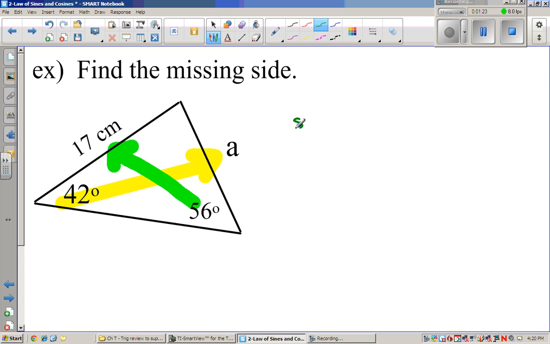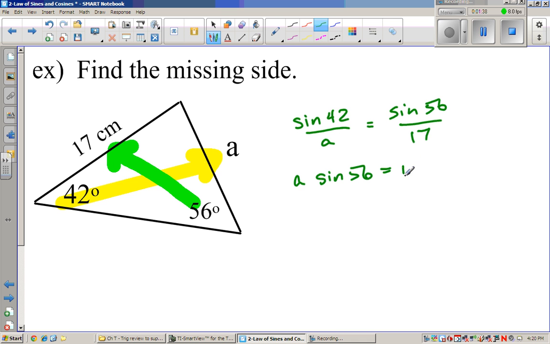We can say the sine of 42 is to a as the sine of 56 is to 17. And then we're going to just cross multiply. a times sine 56 equals 17 sine 42. And we just need to divide by sine 56. So a equals 17 sine 42 over sine 56.